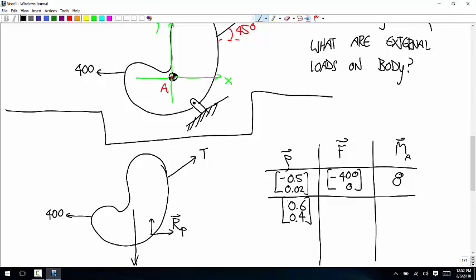The force vector is T times cosine and sine of 45. So 0.7071 T, 0.7071 T. And the cross product is 0.6 times 0.7071 T minus 0.4 times 0.7071 T.